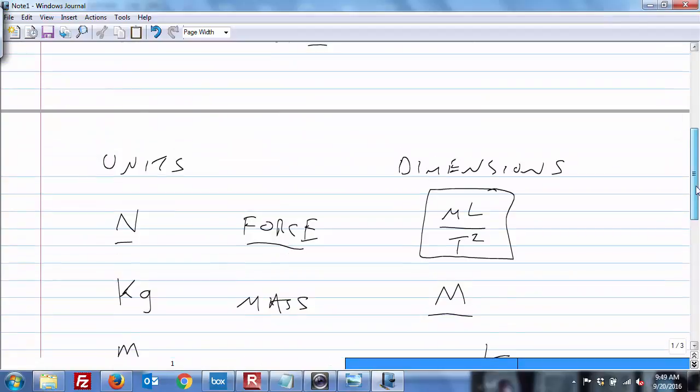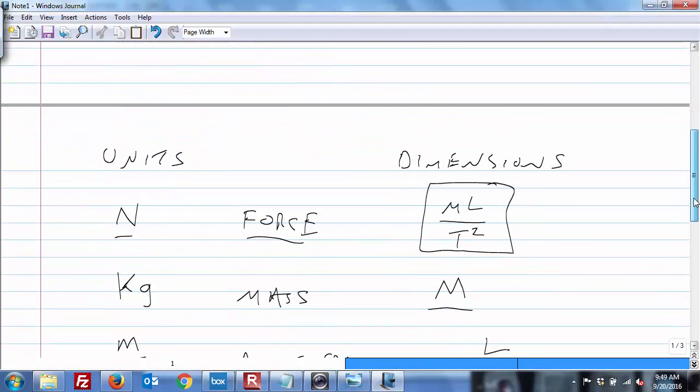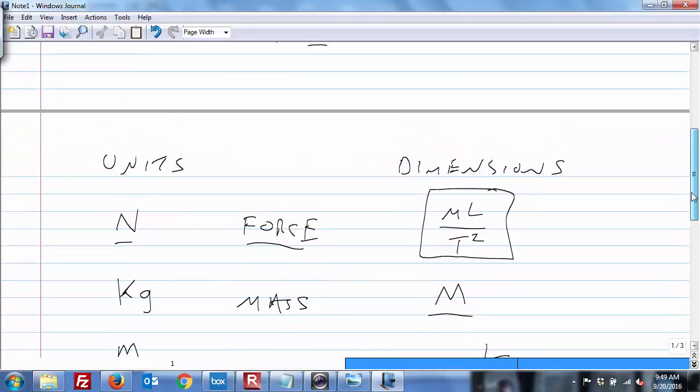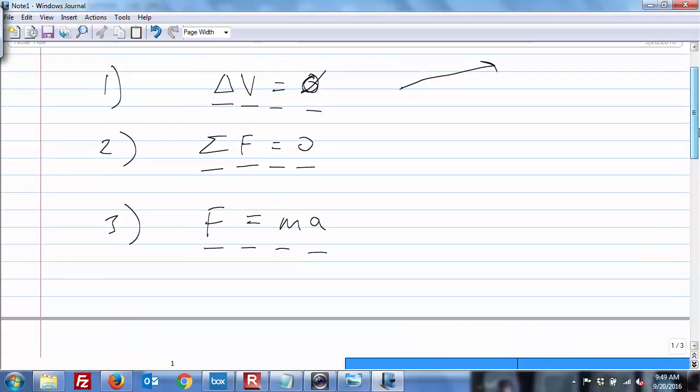So we've covered Newton's three laws. We've gone over the units and dimensions of force, mass, and acceleration, which is his second law. He took the first two from Galileo and put this one out there. This really led to the invention of calculus.